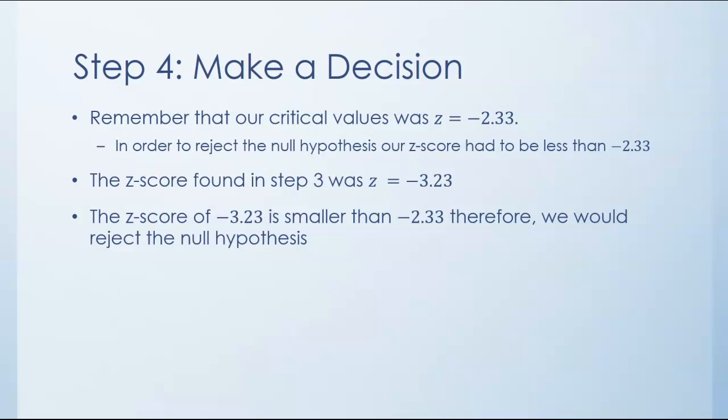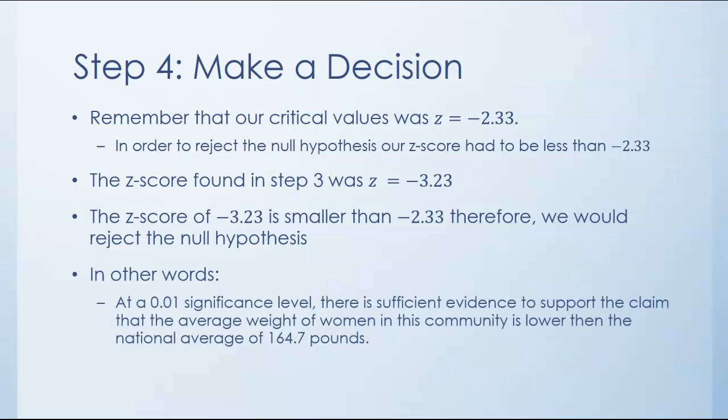This is a significant difference. So we would say, at a 0.01 significance level, there is sufficient evidence to support the claim that the average weight of women in this community is lower than the national average of 164.7 pounds. So we've shown something has made a difference in this community as far as the weight levels of the women.